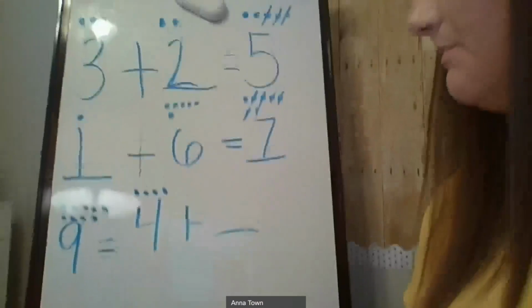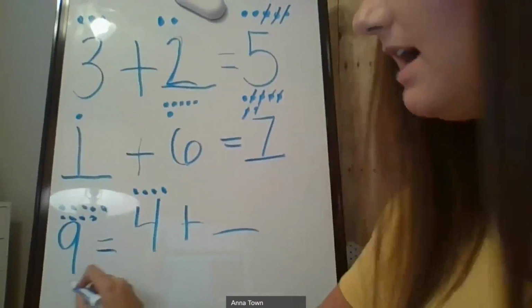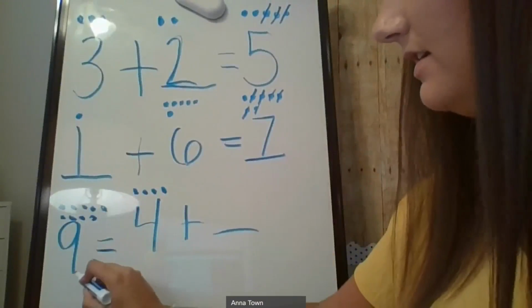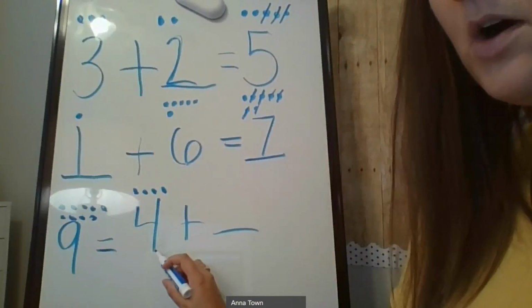Okay, last problem. We have a 9 as our sum. Our sum is first. We're given 4 plus blank.